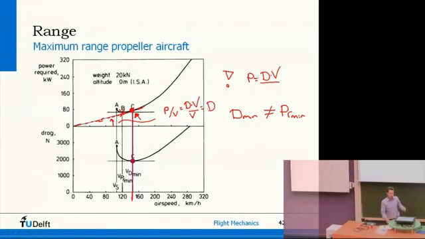So a line from the origin, if it just hits the curve, that's the same minimum point, just a mathematical thing. So you can read from the diagram, okay, if I have this aircraft, I have to fly at 140 kilometers per hour to get as far as I can.